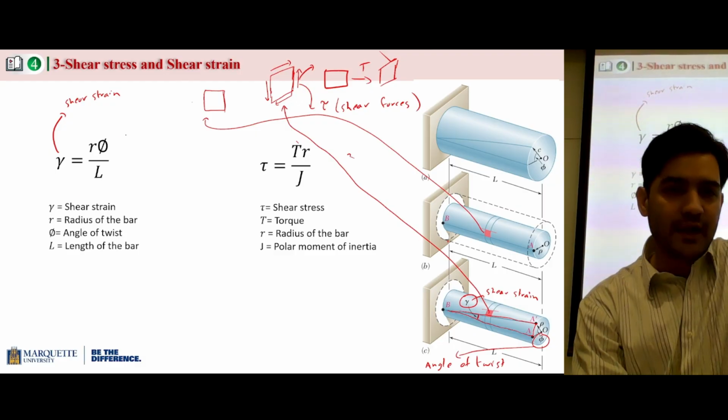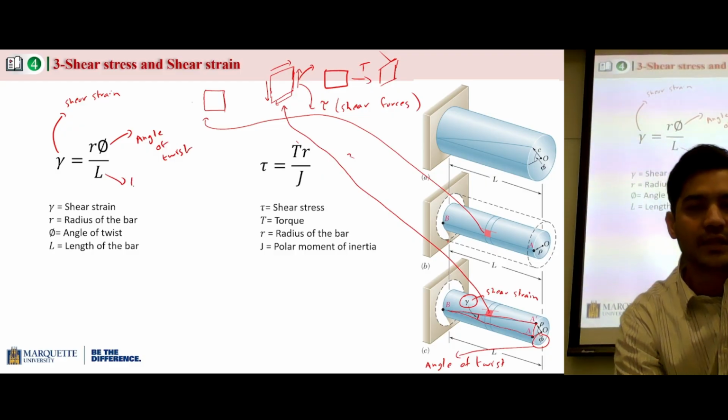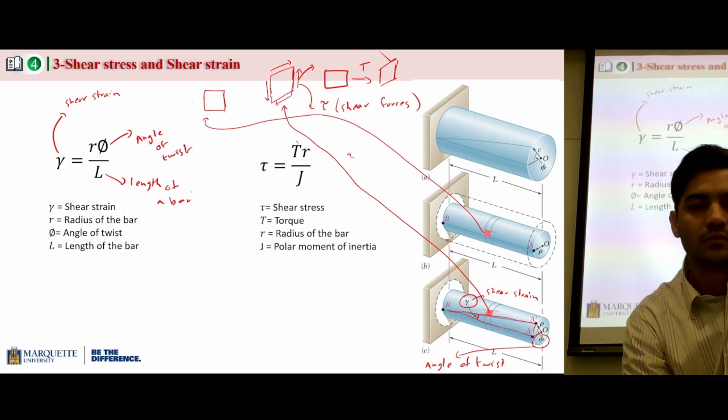So this is shear strain. This we already know. This is the angle of twist. This is the length of the bar, and this is the radius of the bar.